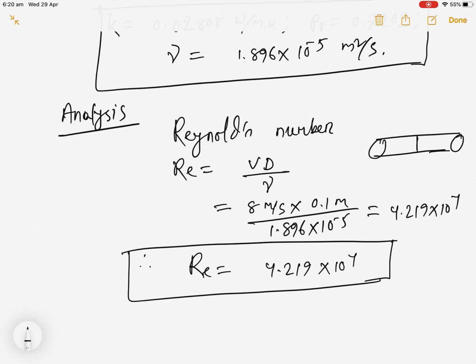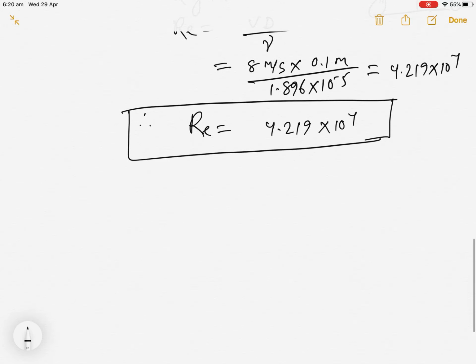So we already know different correlations for the Nusselt number, and depending on the Reynolds number we can use different correlations. But here we are going to use the complex Nusselt number correlation proposed by Churchill and Bernstein. Churchill in 1977 proposed this Nusselt number correlation.